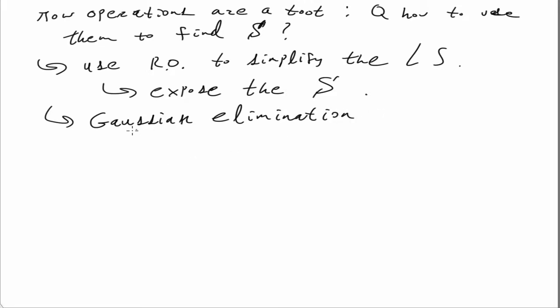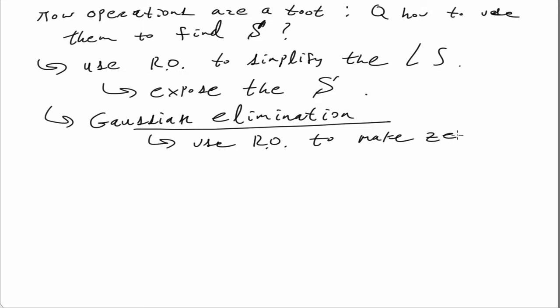And I'll summarize what Gaussian elimination is. Effectively, we want to use row operations to make zeros in the lower left corner of the matrix.